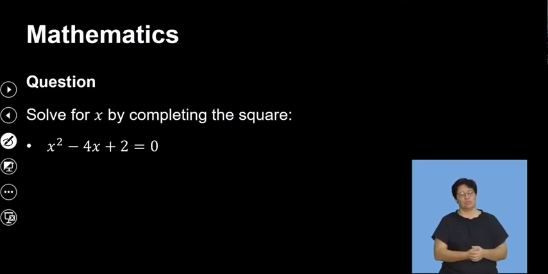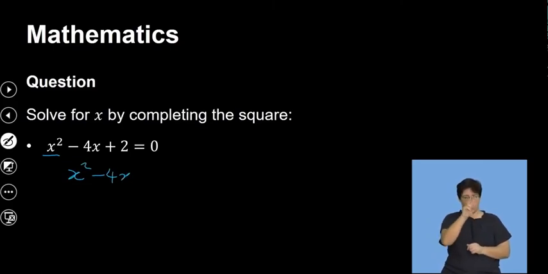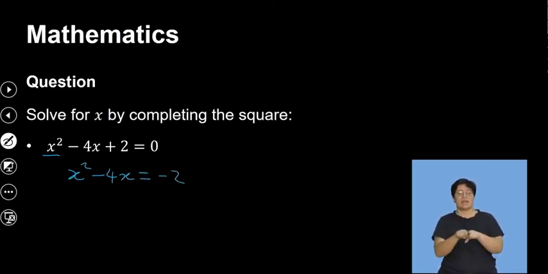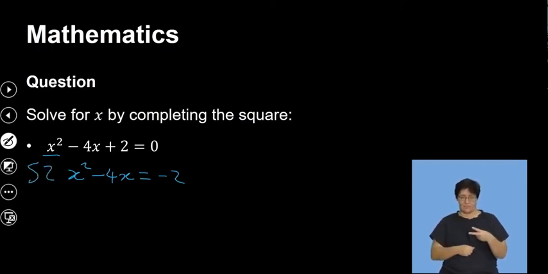Now let's solve this by completing the square, right? I said always make sure the coefficient of x squared is 1. If it is 1, then you skip step 1. You go straight to step 2. So this will be x squared minus 4x equal to negative 2. That's my step 2, right? And then step 3 was you add half of the coefficient squared.